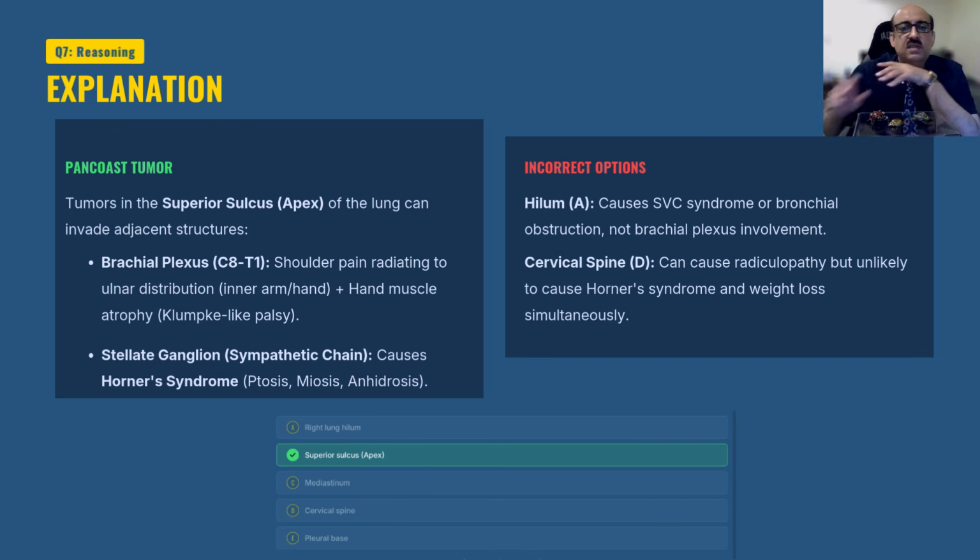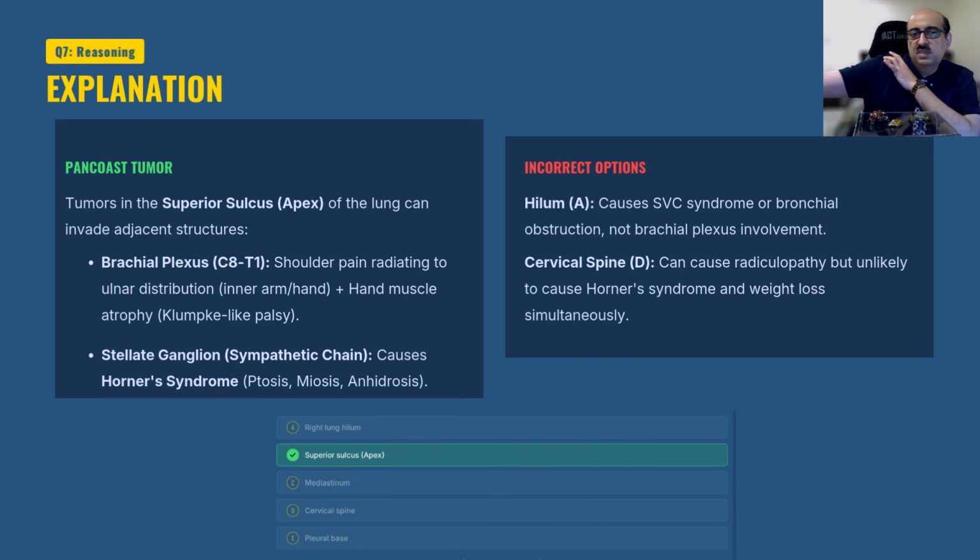So, explanation: there is no doubt that it's a Pancoast tumor. Tumors in the superior sulcus, or the apex of the lung, can lead to damage to the inferior roots or the trunk. If the lung tumor is here on the right apex, remember from the brachial plexus anatomy, you've got roots, trunks, divisions, cords, and branches. The roots C5, C6 are the superior, C7 is the middle.